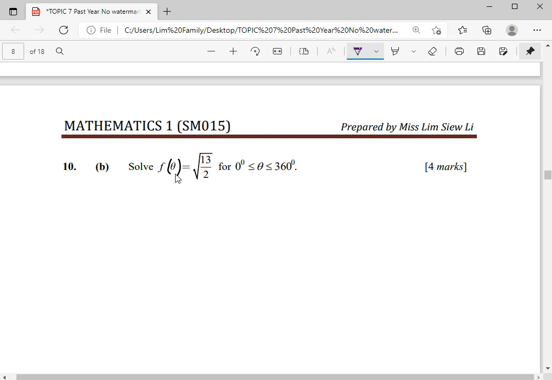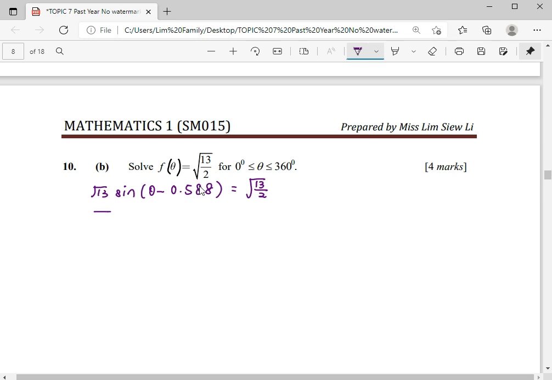We already expressed it in a simple form, which is root 13 sine theta minus 0.588 equals root 13 over 2. Bear in mind that here we are using radian, but the range is in degree, so we have to change it to degree.